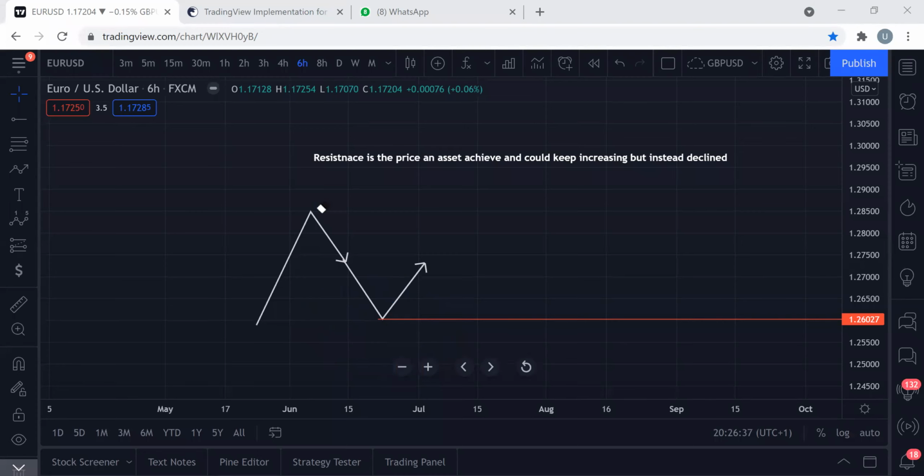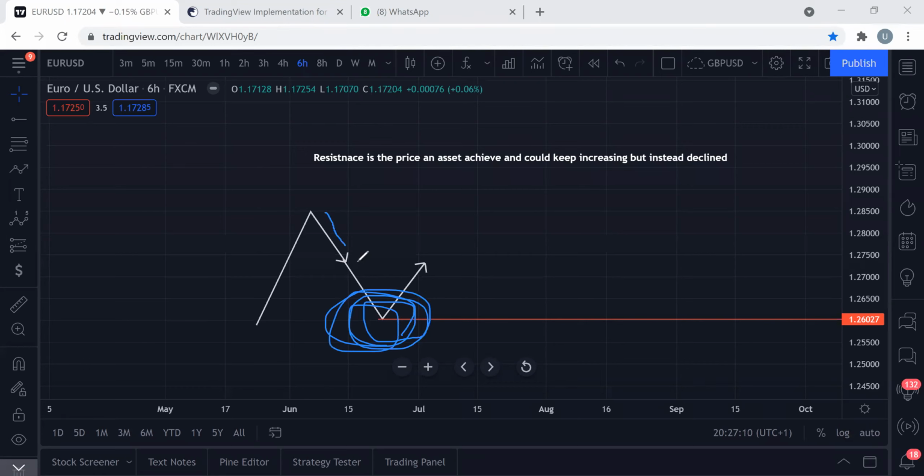That means as the price was coming down, it got to a particular point and could not keep going down, like something supported it. Let's assume an object is falling from the top of a building, then as it was going down, something gives it some support to stop it from falling. That level is what we call the support level.